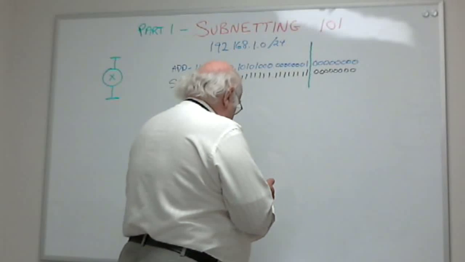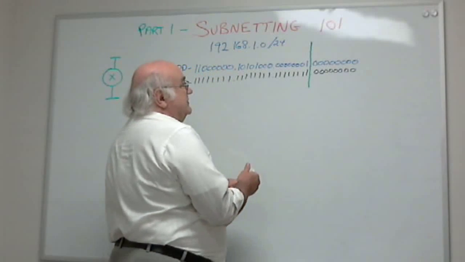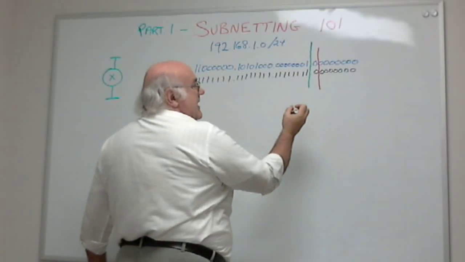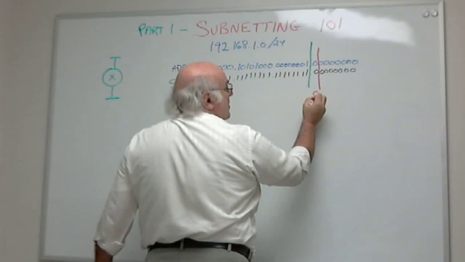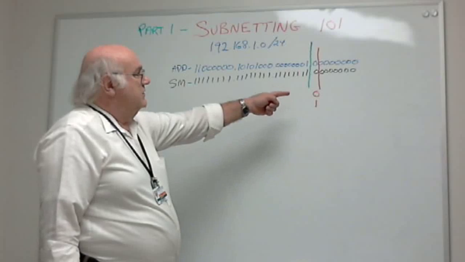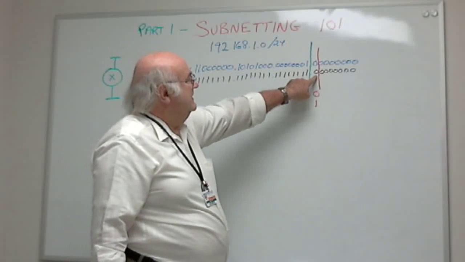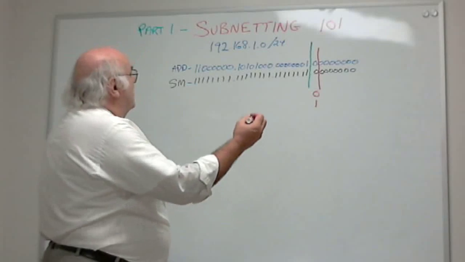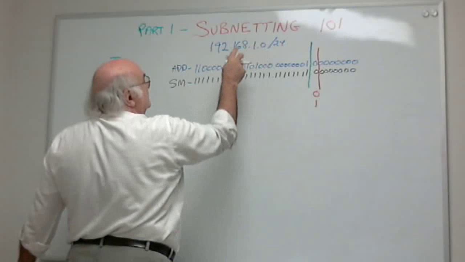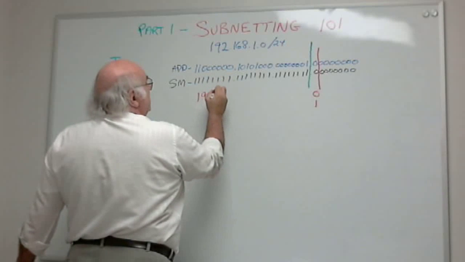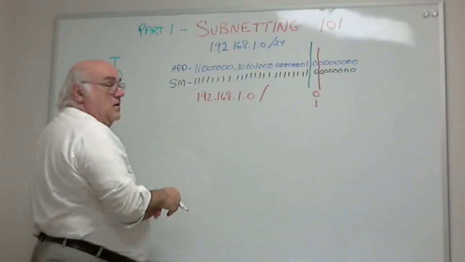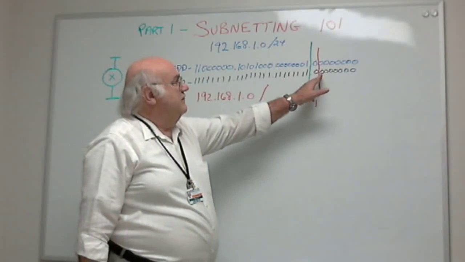Well, let's see what happens if I just steal 1 bit, right there. That bit can be either 0 or 1. I've now got 2 different numbers that I can get if I steal this bit. If that stays a 0, I can use 192.168.1.0, and the slash becomes 25.